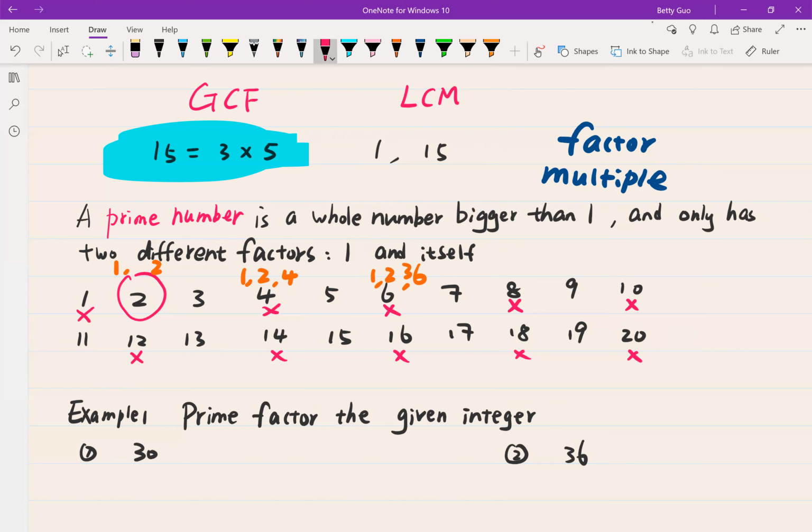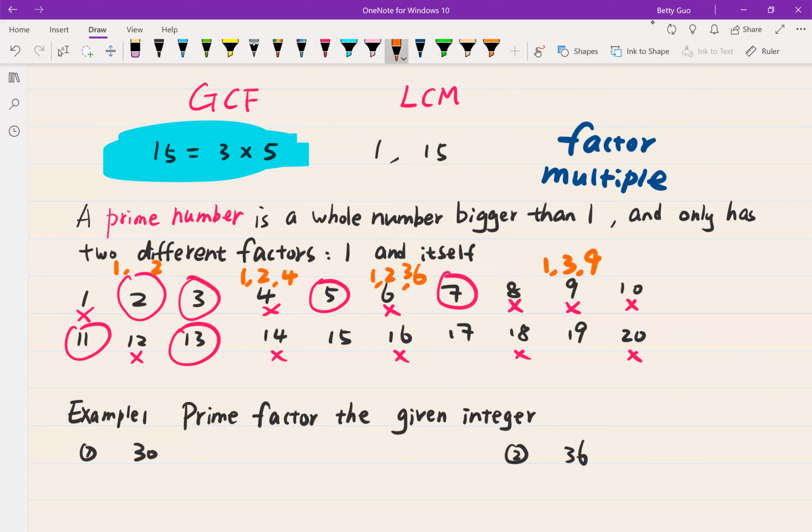What about 3? Is 3 a prime number? 5, 7. 9 is not a prime number because 9 has factors 1, 3, and 9. 11, yes. 13. 15 is not.